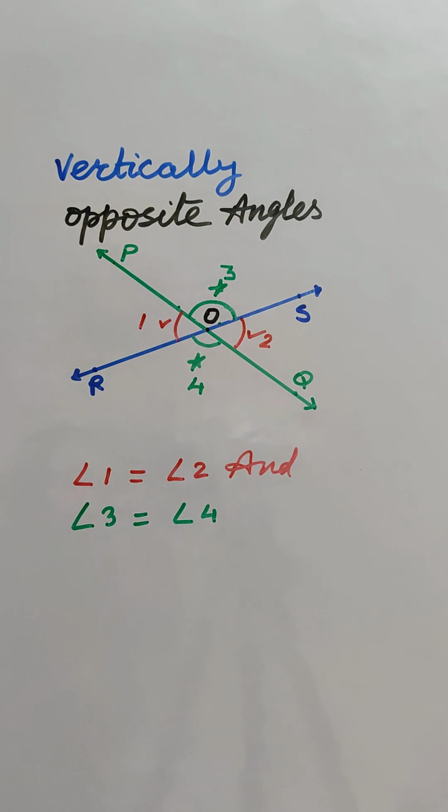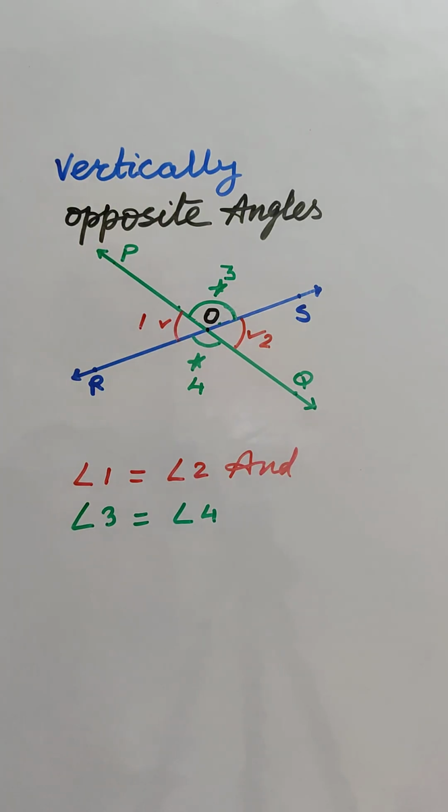Vertically opposite angles. When two straight lines intersect each other, there are two straight lines, PQ in green color and RS in blue color, intersecting at point O. Then the pair of angles so formed without any common arm are called vertically opposite angles.